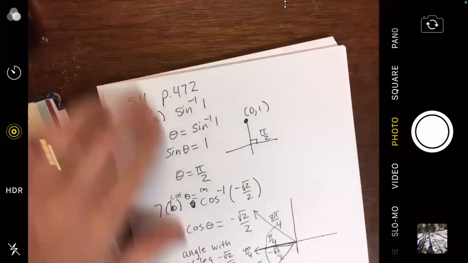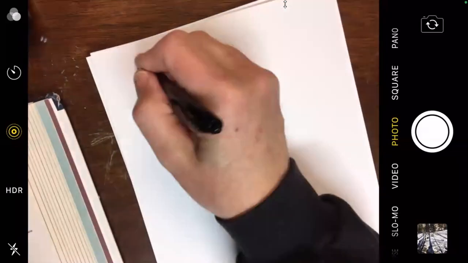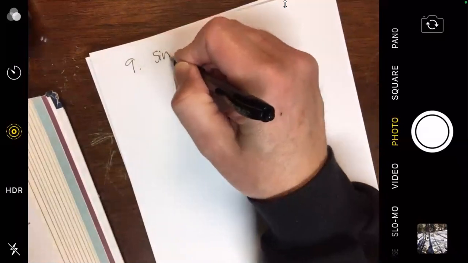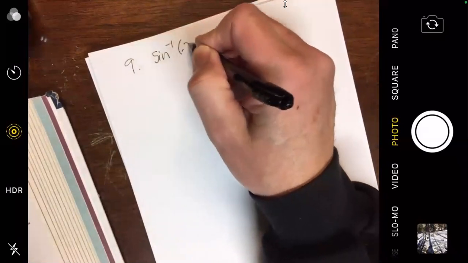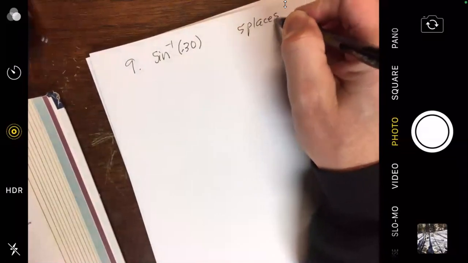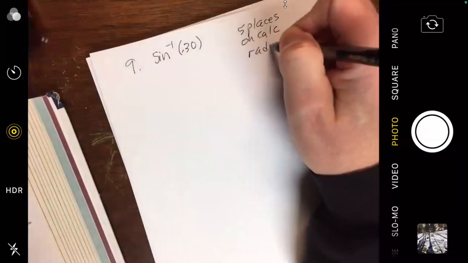Number 9 can be punched on the calculator, so it's pretty easy. Arc sine of 0.3, five places on calculator. And they do say radians.